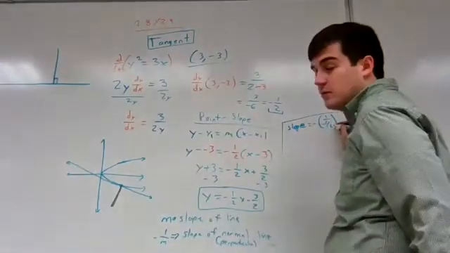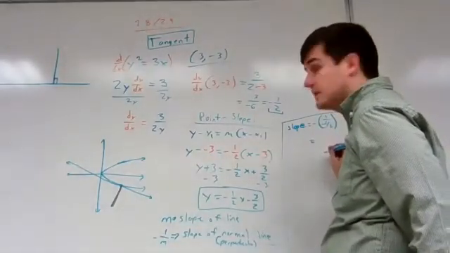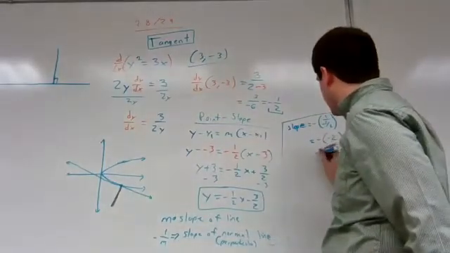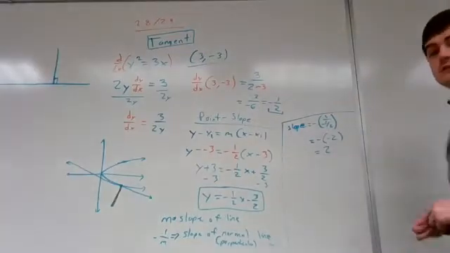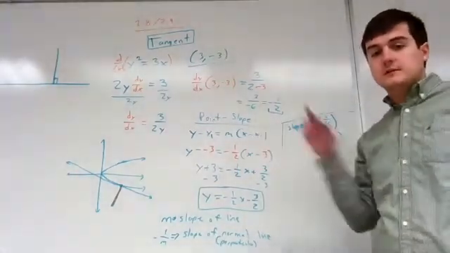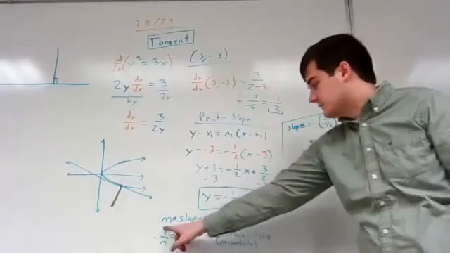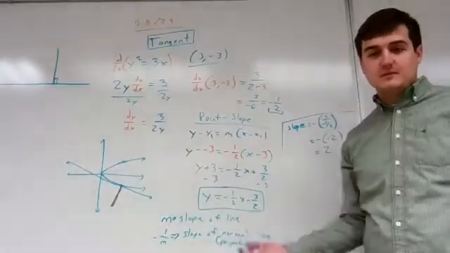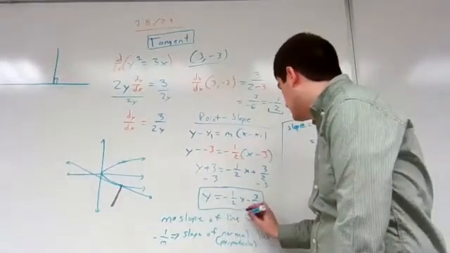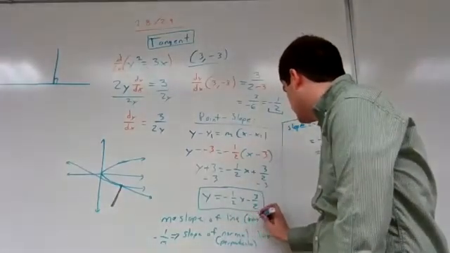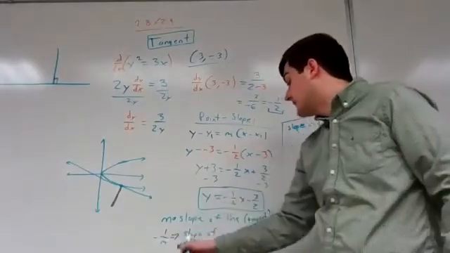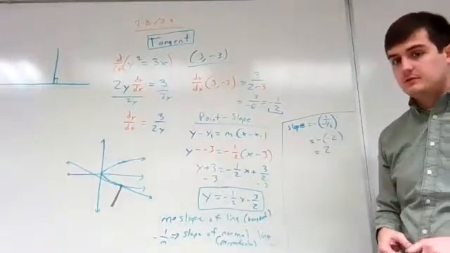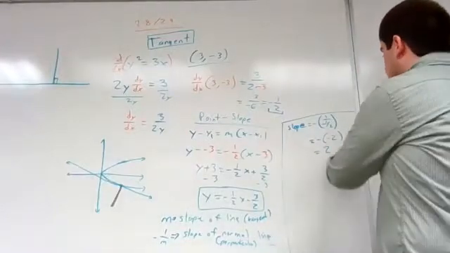So when I do 1 over 1/2, that would give me 2. So right now I have negative 2, but the negatives cancel out, so we get 2. So the slope of the normal line is negative 1 over the slope of the tangent line, and it is the slope of the perpendicular line, the normal line to that curve at that point.